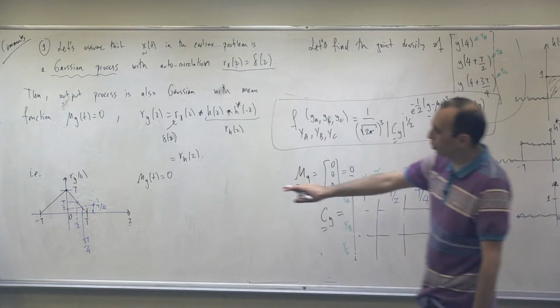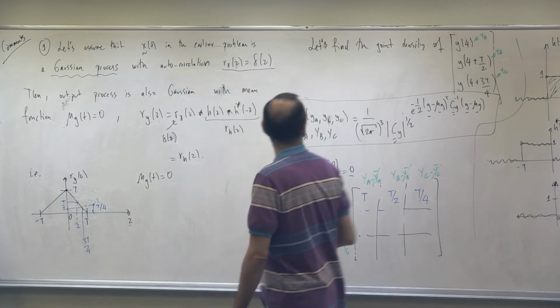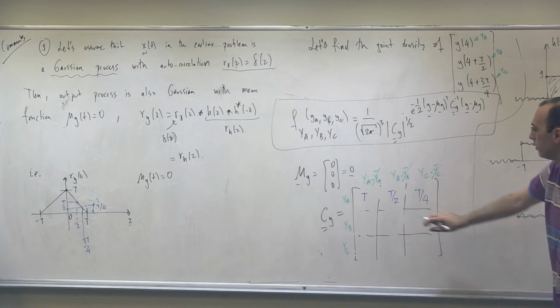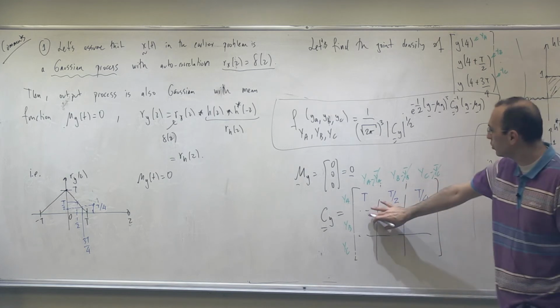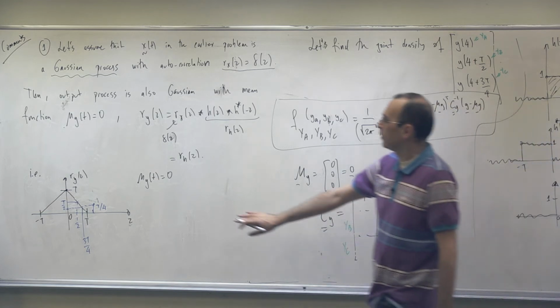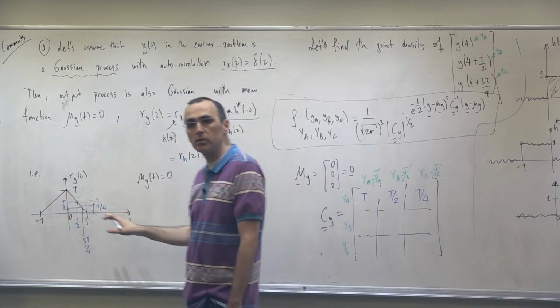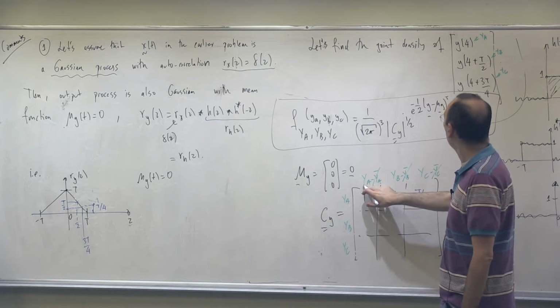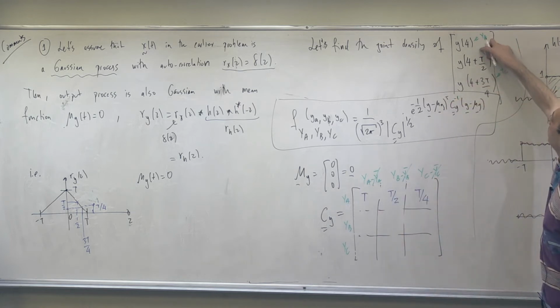So from this autocorrelation information, I can write this density very easily if I can fill in the entries of this matrix. But entries of the matrix are nothing but evaluation of this function at some points. So for example, this one, B and A, difference is t over 2.